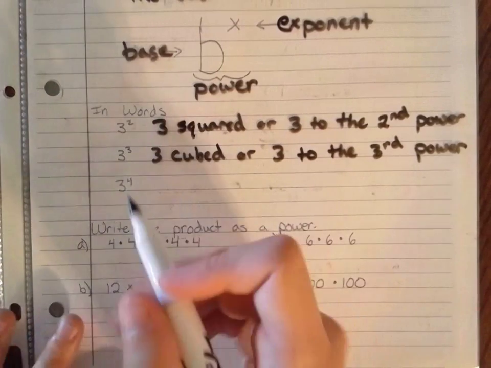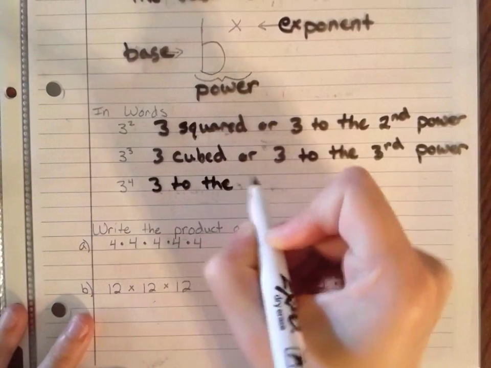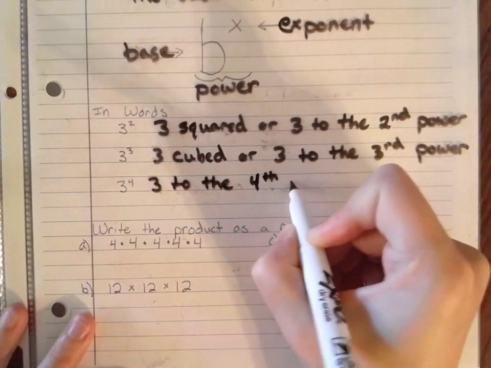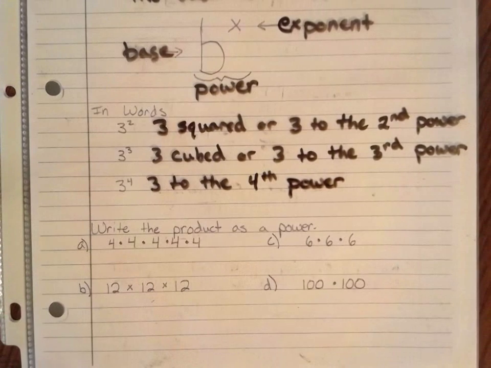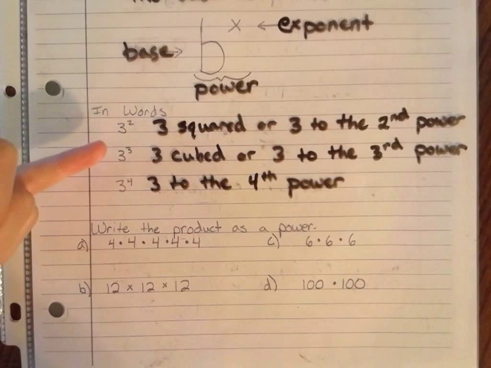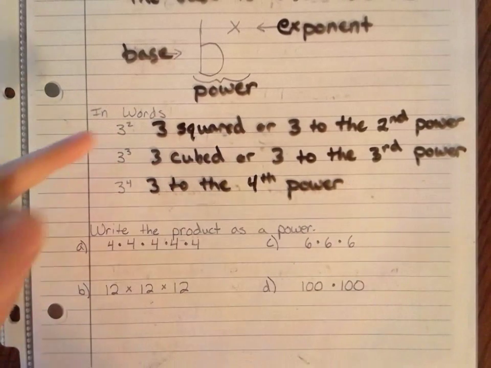The last one does not have a special name. It's 3 to the 4th power. And if we have any exponent bigger than 4, it's just the 5th power, the 6th power, the 7th power, and so on and so forth. You can think of these as area and volume, squared and cubed.